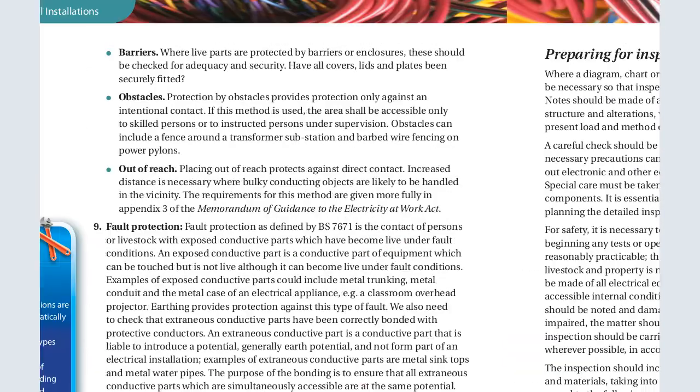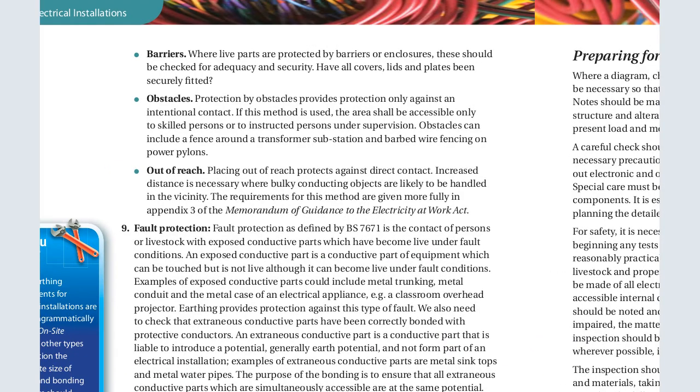Then another one is barriers. We have to check barriers where live parts are protected by barriers or enclosures. This should be checked for adequacy and security, having all covers, lids, and plates securely fitted.